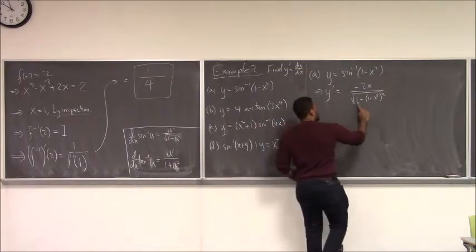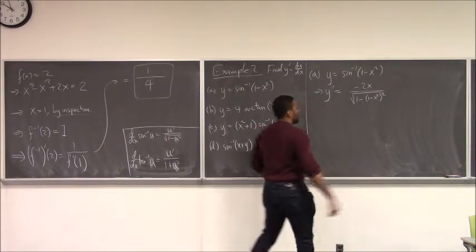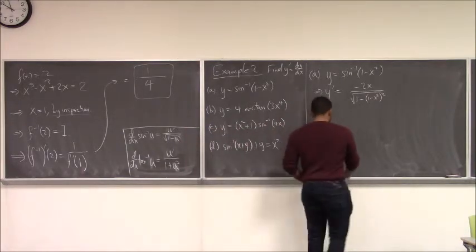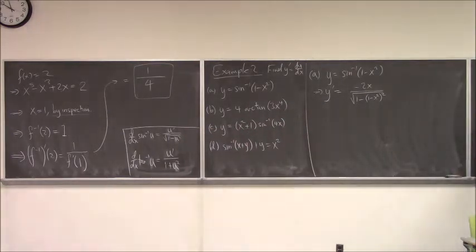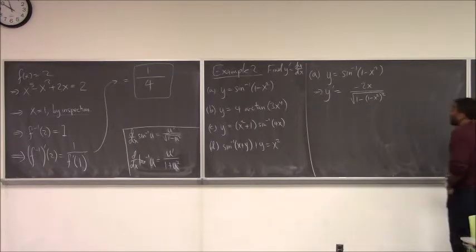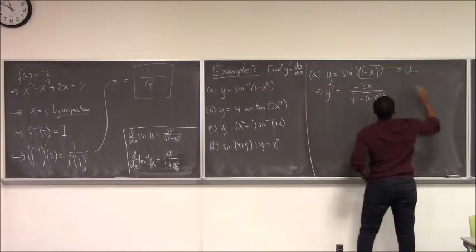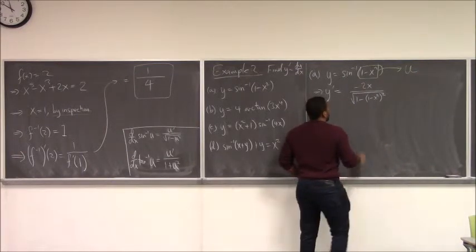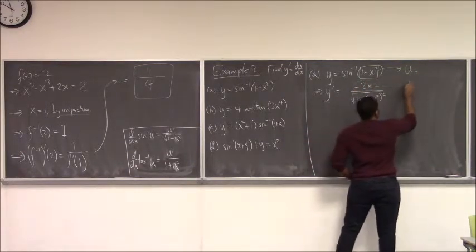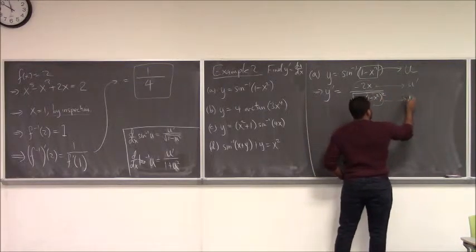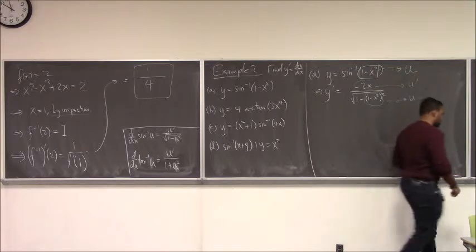You can even sort of simplify it here a little bit, but I probably wouldn't worry about it. That's pretty much good enough. So in this case, this guy here is your u. So this guy here is going to be u prime, and you plug in your u here. And that's basically it.